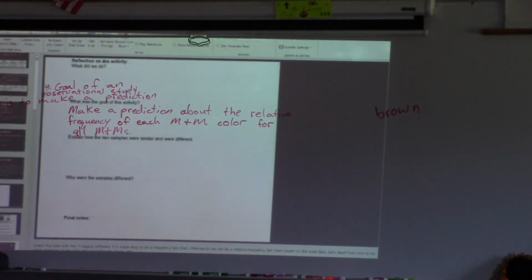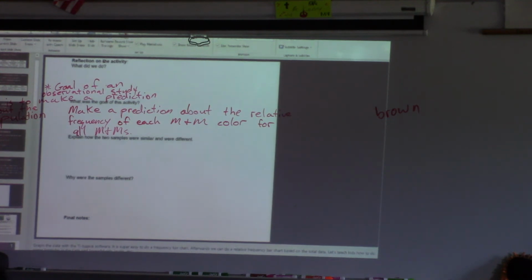Does anyone know what we would label every M&M in the entire world? Starts with a P. About the population, right? So in statistics, and someone said it earlier, there's an S word that represents the small group we have.